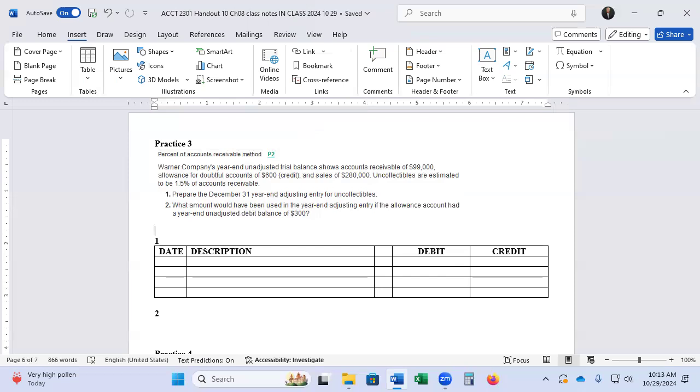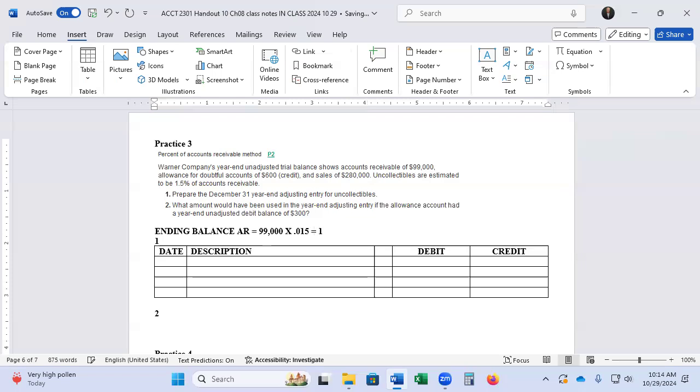Okay, so let's go ahead and just look at the first one. It says, prepare the December 31st year-end adjusting entry for uncollectibles, and it bases it on 1.5% of accounts receivable. So we have the ending balance in accounts receivable, which equals 99,000, and we multiply by 0.015.